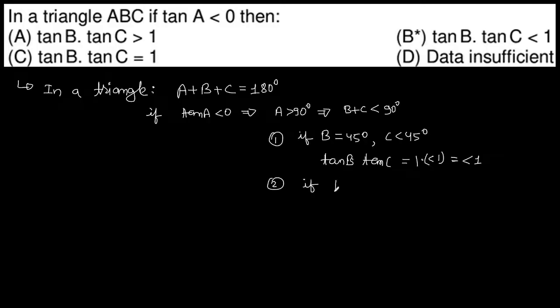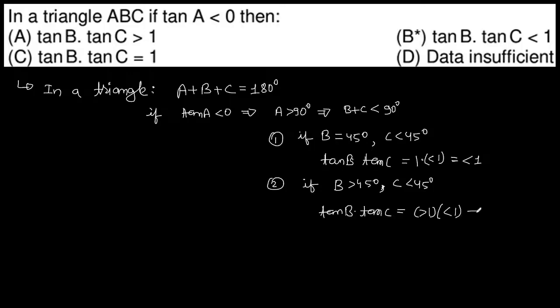Case 2: if B is more than 45 degrees, still C will be less than 45 degrees. So tan B into tan C, tan B is more than 1, tan C is less than 1.